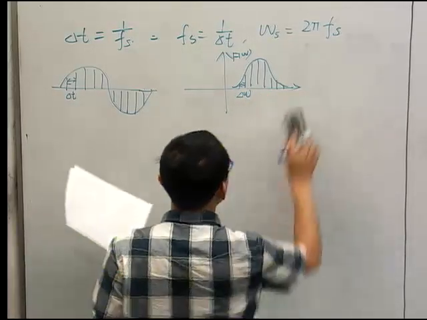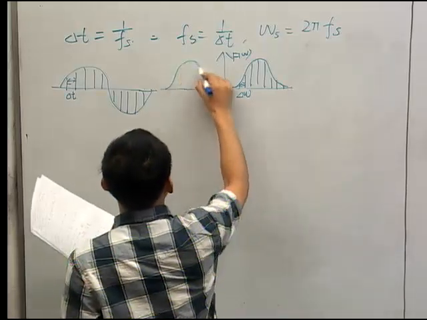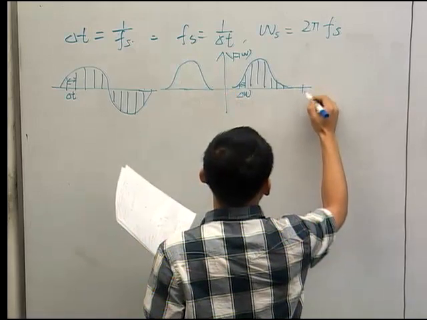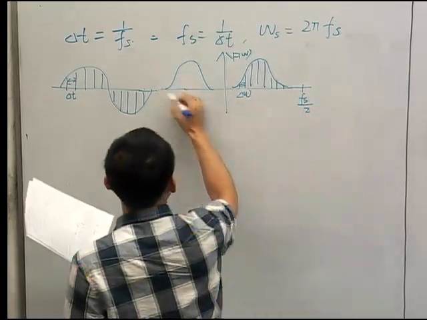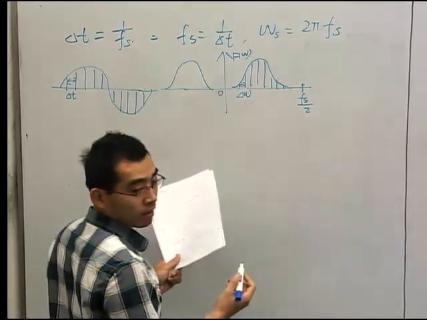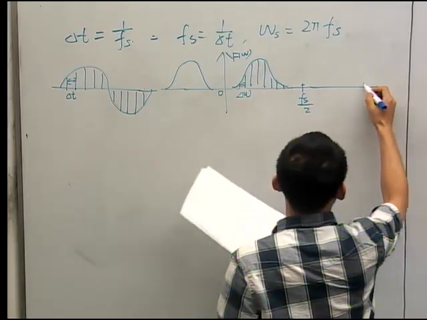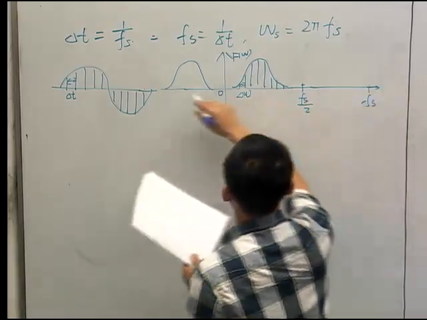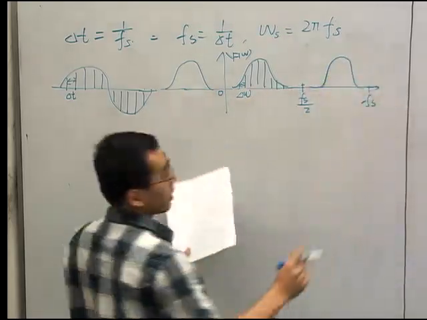Probably this way, you will have half here, 0 here. You know that, right? Because it's periodic at the fs, so you can move this one to here. So it's periodic, something like this.